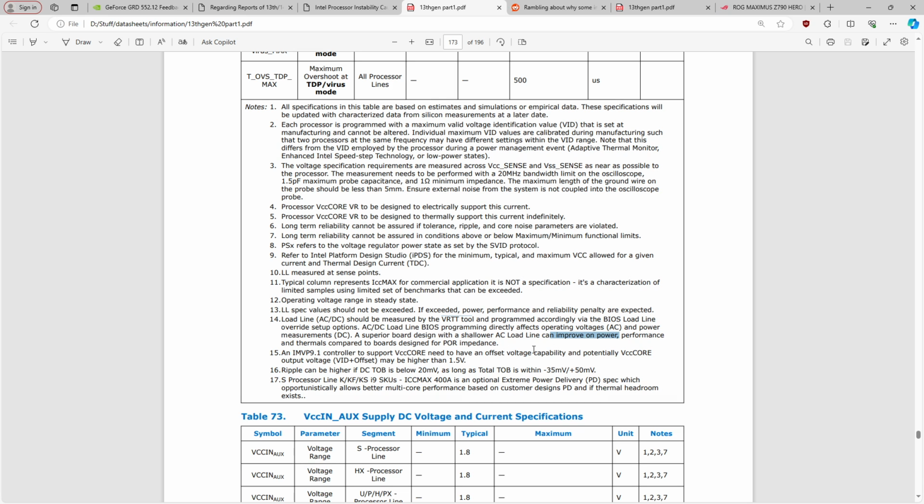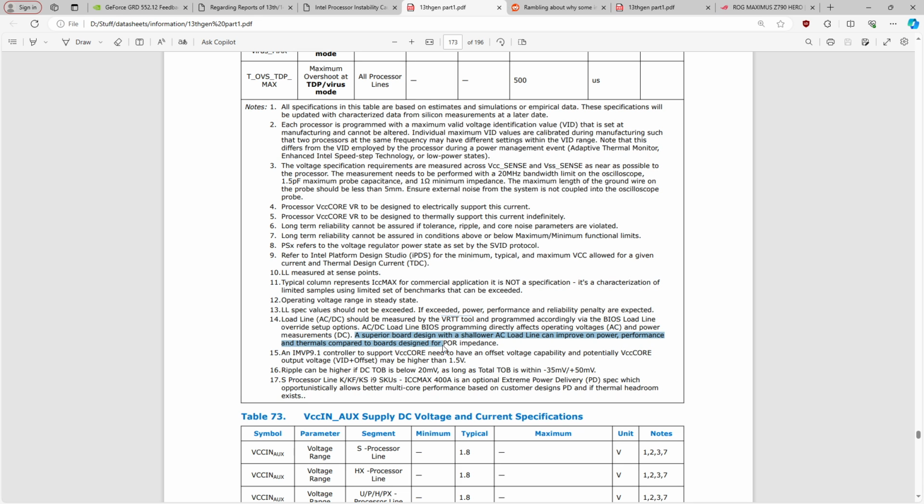And this is why you should have a bloody load line spec, and not leave it up to motherboard vendors to decide what the hell they want to run. Because there's no, you say, oh yeah, if you lower this, that's the logical conclusion.